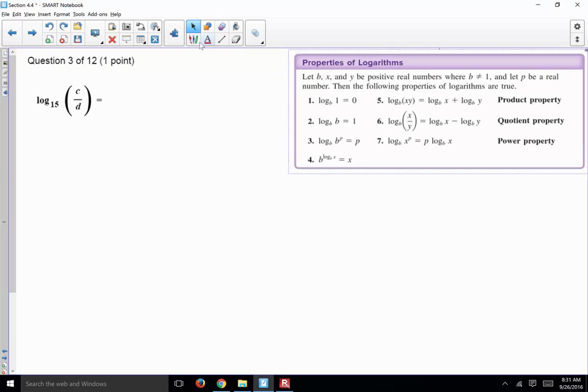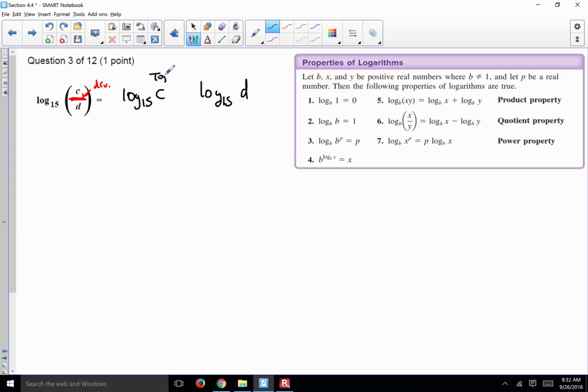Alright, what is the trick in this one? This is no-brainer. What operation do you see between terms? It's division, right? Or quotient. Then, anybody? You separate each C and D, top and bottom, with a minus.